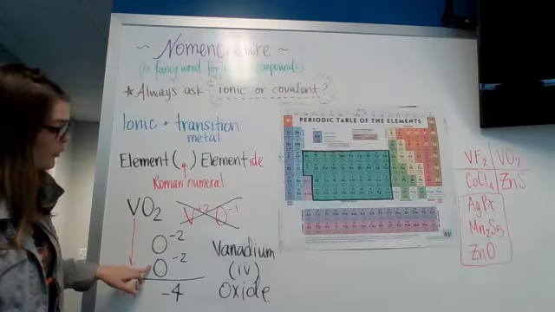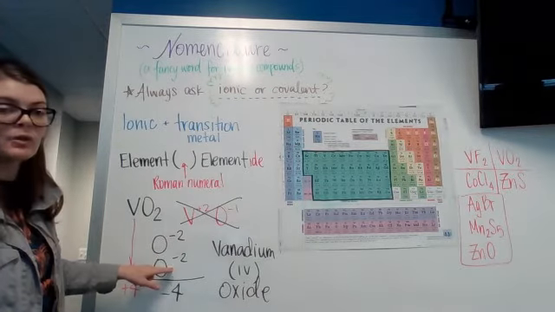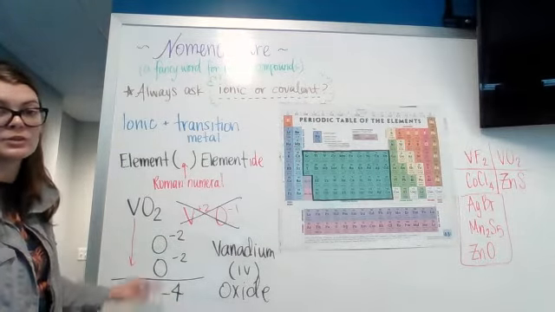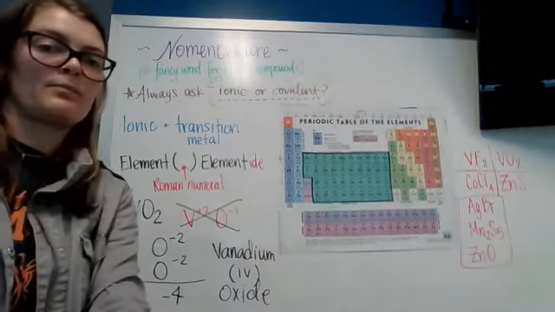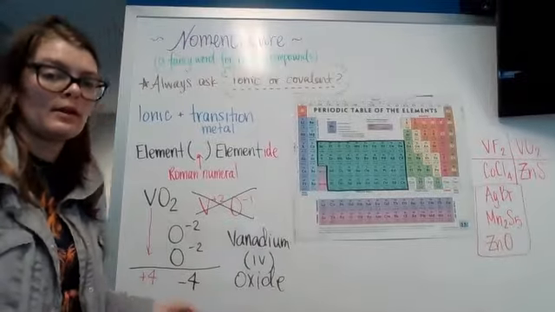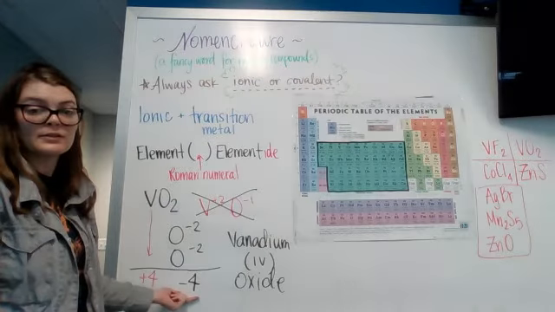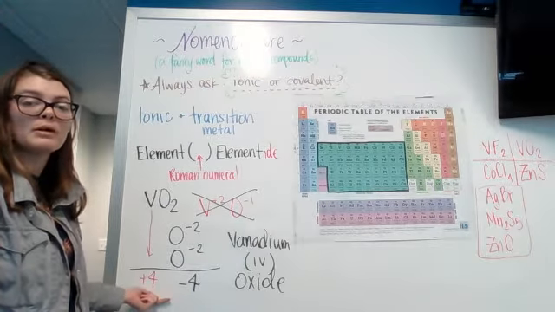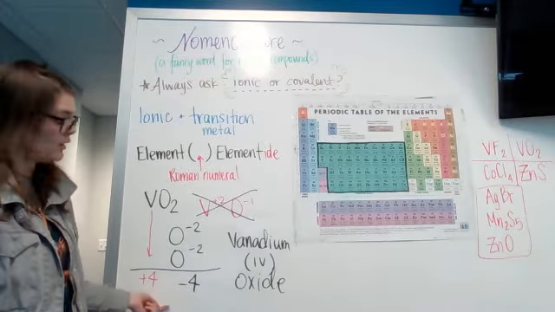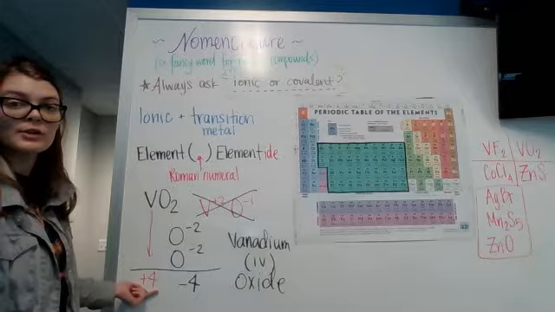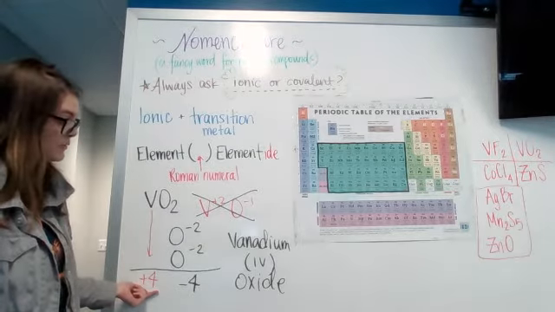So I wrote both 2's out, put the -2 on there, and I know the total of oxygen, because there's 2 of them, the total has to be -4. And then if that's -4, we know vanadium must be +4 in order to neutralize that or cancel it. So that's how I found the charge of the vanadium in this situation.